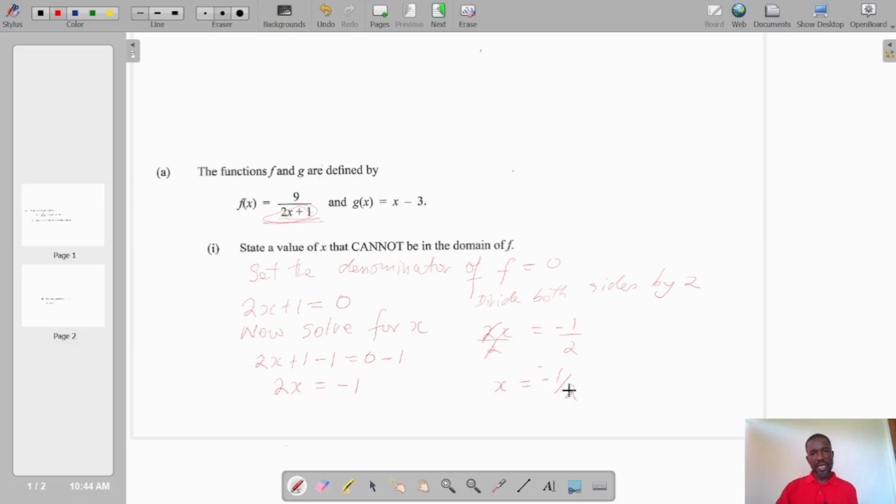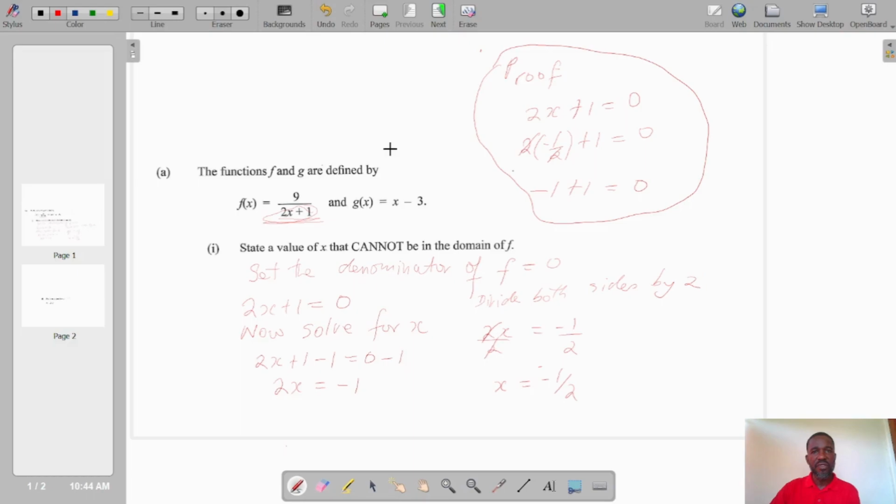So we are left with negative 1 plus 1 equal to 0. Hence we realize that when x is equal to negative half, it will make the function undefined, or it does not exist.